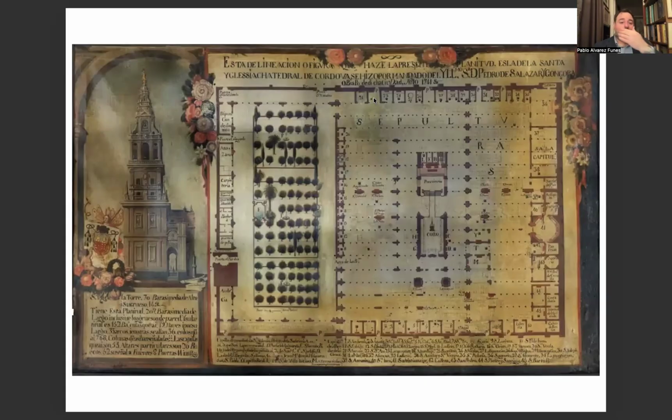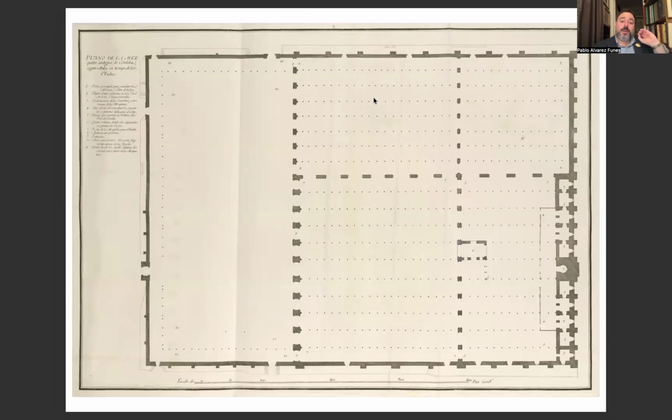And it was heavily altered, as we will see when we talk about it. But here I'm bringing this drawing because for the first time, in 1787, they dare to make a reconstruction of how the mosque was prior to all the Christian interventions. And this is very important because here we're talking about archaeology.